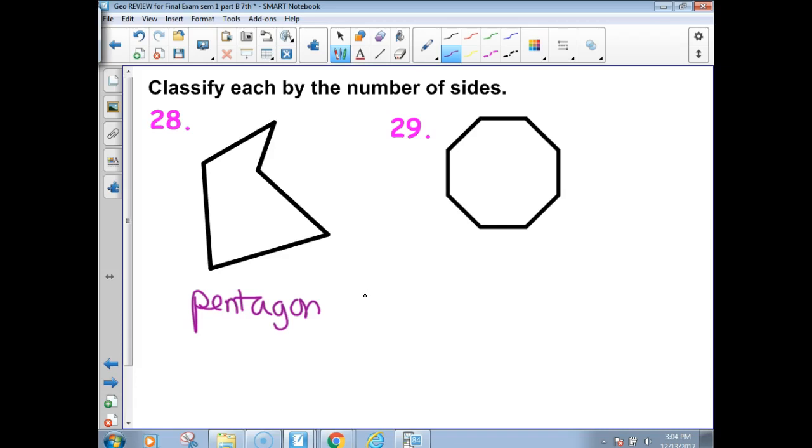Okay, and I didn't really go over the undecagon or unidecagon, which is 11, and then dodecagon is 12. We did talk about dodecagon. What's this thing? How many sides? It has 8 sides, so it's called an octagon. Okay, so please do not tell me how many sides it has. Give me the name.